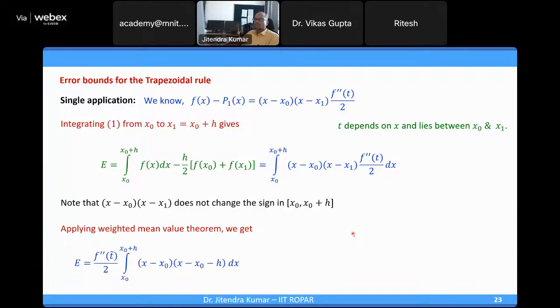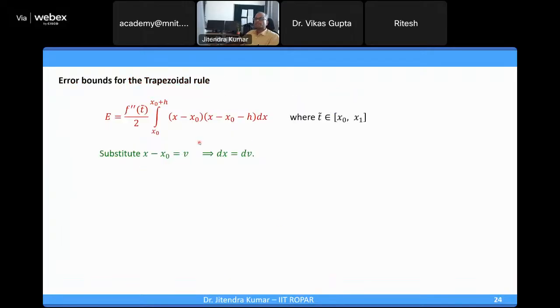We can apply the weighted mean value theorem, which was discussed earlier, so the double derivative can be taken out at some point between x0 and x0 plus h, and then the rest is this integration, which again is easy now because you have only polynomials, which can be integrated. Whether you substitute or integrate directly, one can easily get these error bounds for the trapezoidal rule.